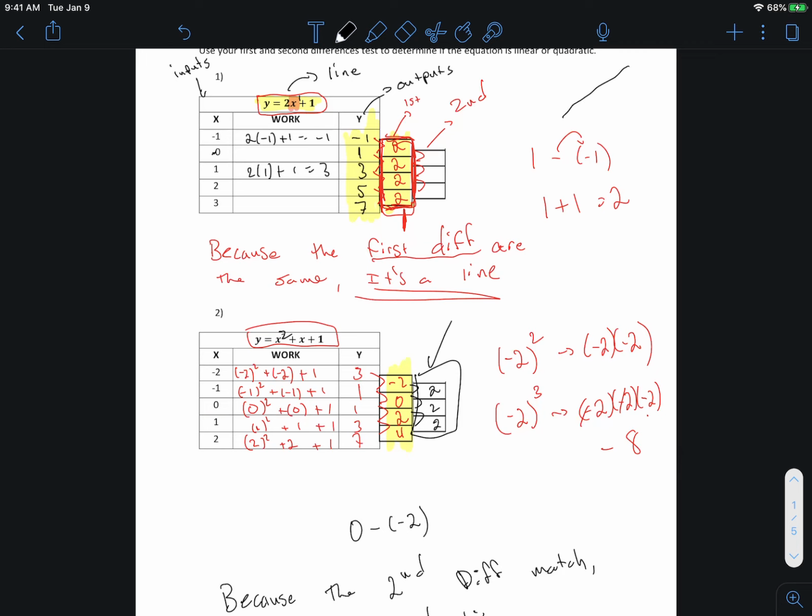Whereas for a quadratic, the differences are changing. So the graph is not a line anymore. It looks something like this. It's got some curve to it. You could use that in your reasoning. You could also talk about first and second differences. That's a big part. That's the sort of stuff we're looking for when we ask those questions.